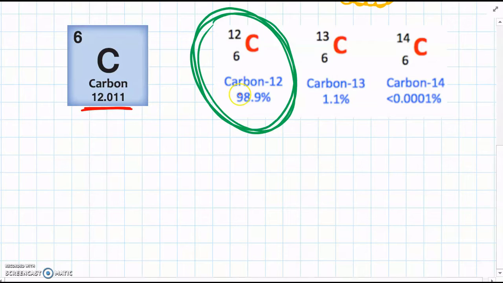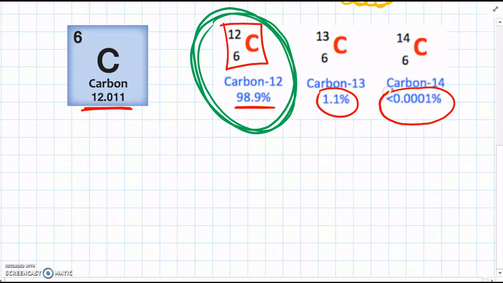Whenever there's carbon in nature, making up our bodies, there's lots and lots of carbon inside humans. We can see nearly 99% is all carbon-12, and there's only about 1% carbon-13 and a lot less than 1% carbon-14.